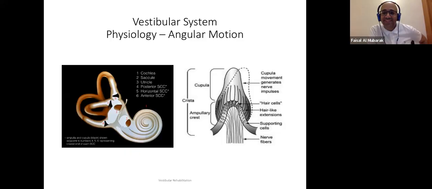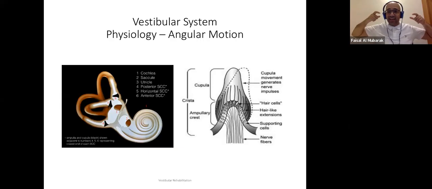How about the vestibular system? How does this work? طيب. The vestibular system, when I move to the right, what is happening here in the horizontal canal?